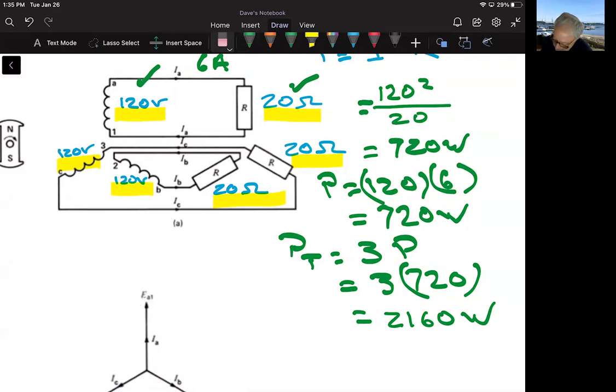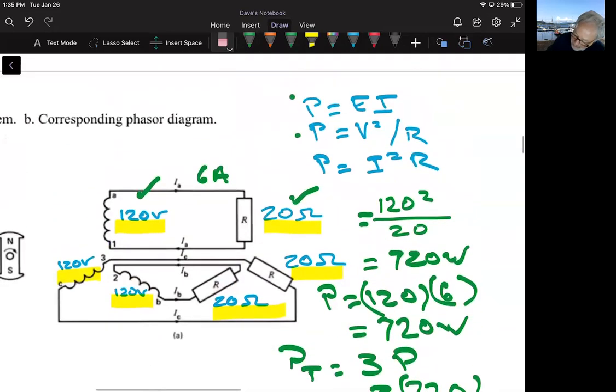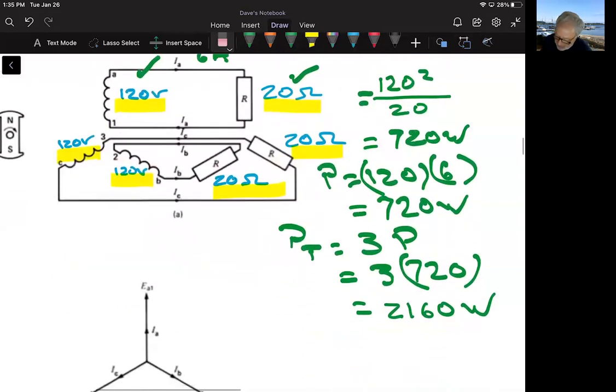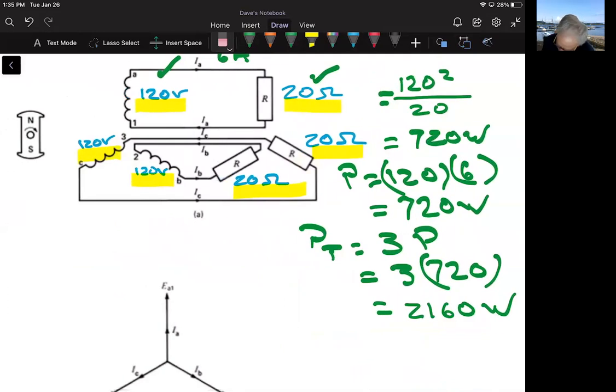Mathematically, that is not sound because this is derived from these values. So I can't simply multiply the power that's derived from effective values by square root of 2 to get peak. What I have to do is determine the peak voltage. This is an effective voltage, 120 volts, and I have to take the square root of 2 times that to get the peak voltage, which is 169.7 volts.